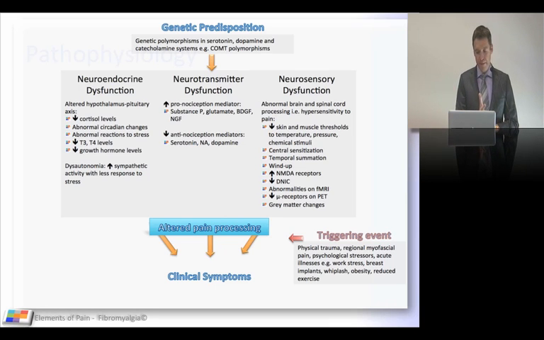So you get an altered pain processing, and some patients also have a triggering event that leads them on to getting the clinical symptoms of fibromyalgia. I saw a patient that had a whiplash injury. She then presented with fibromyalgia down the line. So physical trauma, psychosocial stresses as well, and acute illness and acute hospital admission can sometimes be the trigger.